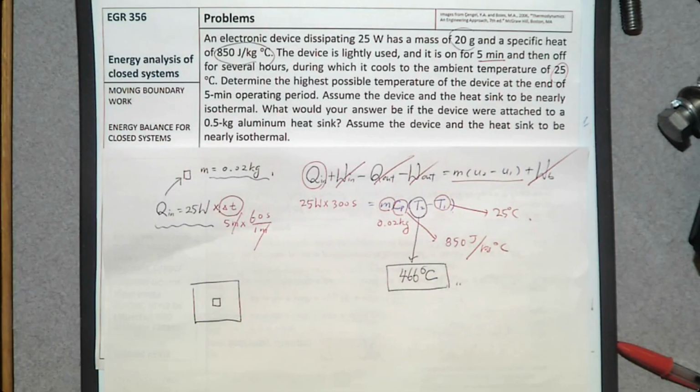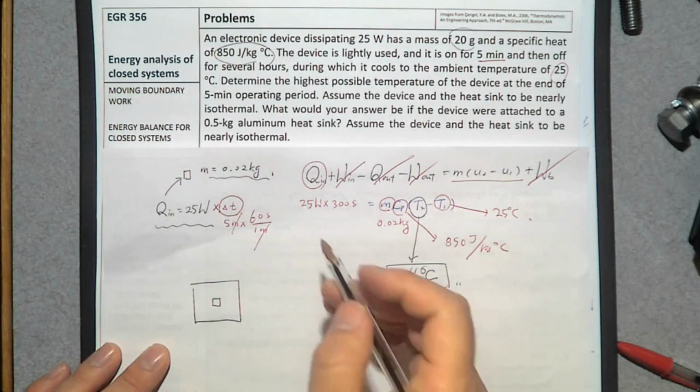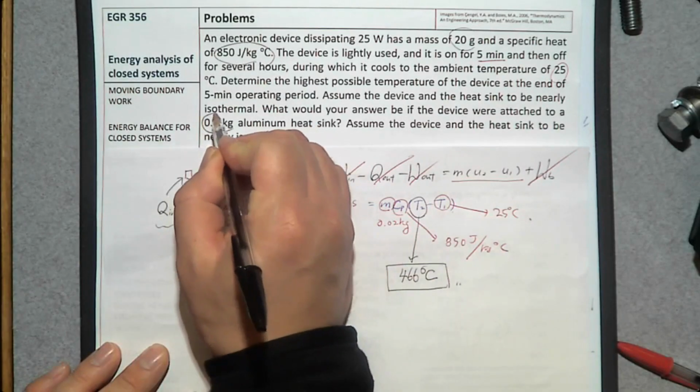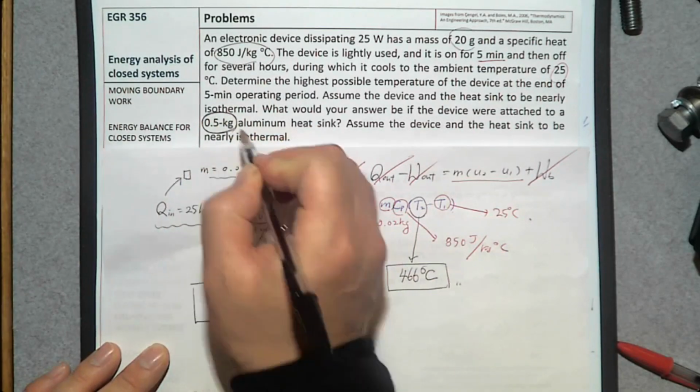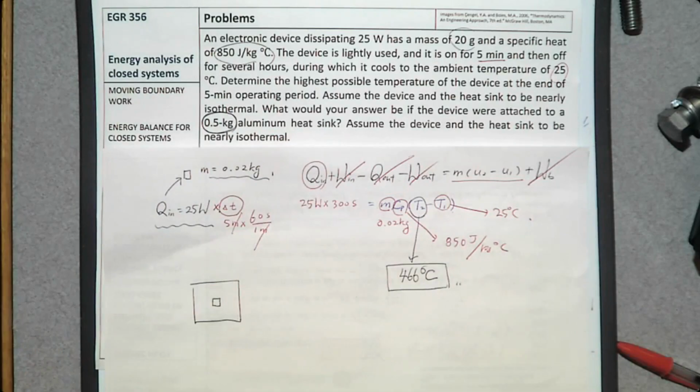So you just need to attach a big mass so that you can lower the final temperature. So this time we are going to add 0.5 kilograms of aluminum block on top of this electronic device. So let's solve this problem.